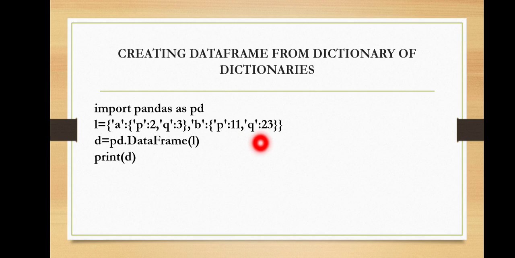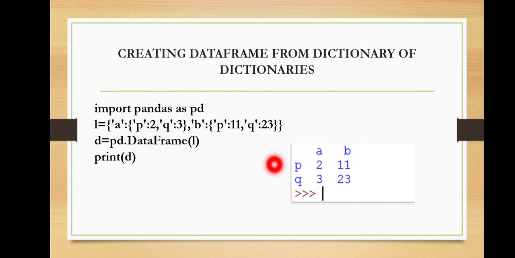If I create a data frame using a dictionary of dictionaries, remember this thing carefully, children, understand it. The outer keys, that is A and B, create the column names, right? And the inner keys will form the row indexes.